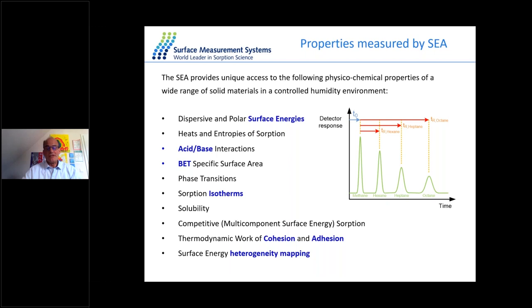You can measure sorption isotherms at low concentration. At higher concentration for polymers, it's possible to measure solubility parameters. And finally, with the value of surface energy, you can calculate the work of cohesion and adhesion. Last but not least is to measure the homogeneity of your surface, and to do heterogeneity mapping.